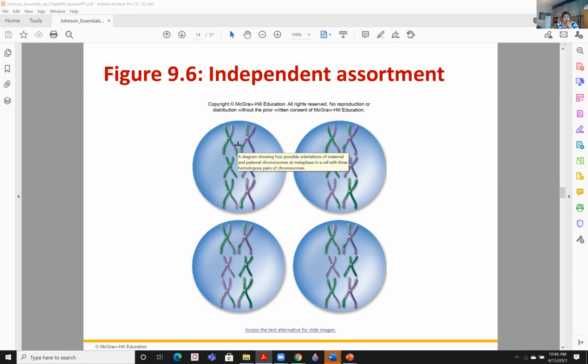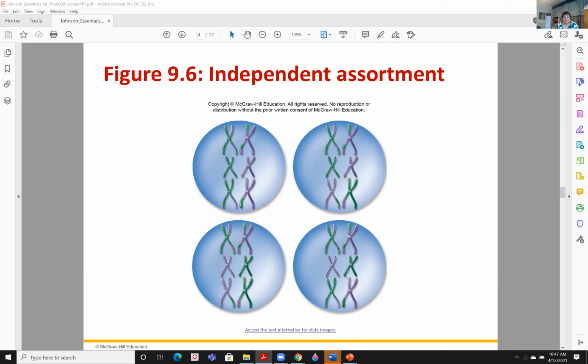We're also going to follow the path of 2 more sets of homologous chromosomes. These have not undergone crossing over, but these ones have. If you look real close, you can see that they are a mixture of purple and green. Well, this is one way that we can line up all 6 chromosomes during metaphase.